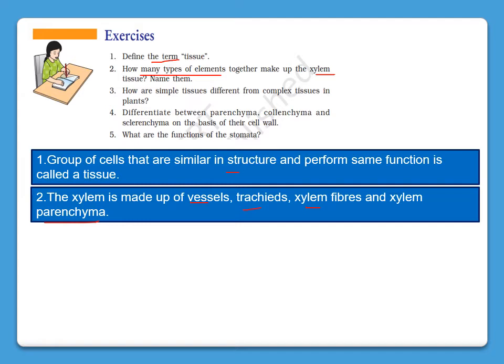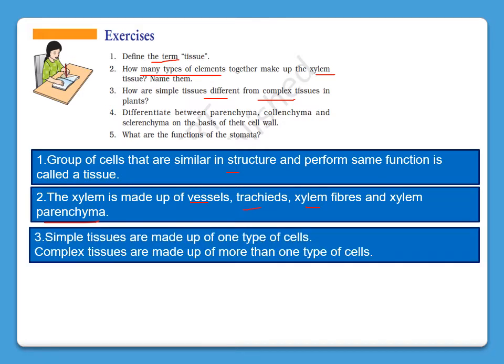The next question is how are simple tissues different from complex tissues in plants? Simple tissues are made up of one type of cell, while complex tissues are made up of more than one type of cell. That is the main difference between simple and complex tissues. Next question is differentiate between parenchyma, collenchyma, and sclerenchyma on the basis of their cell wall.